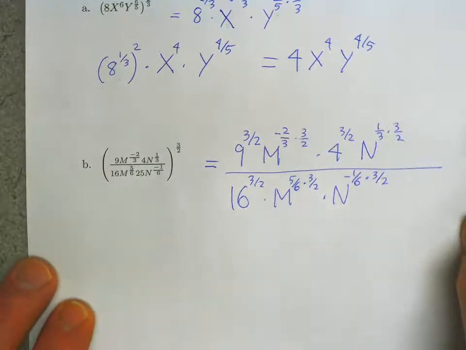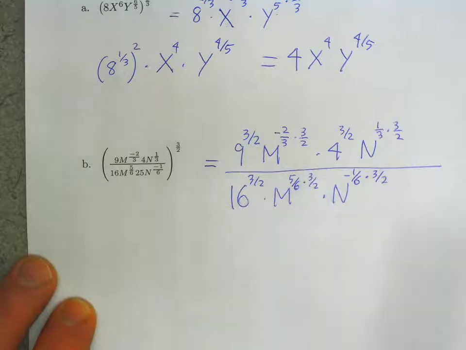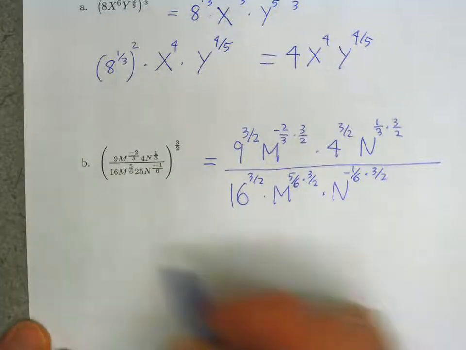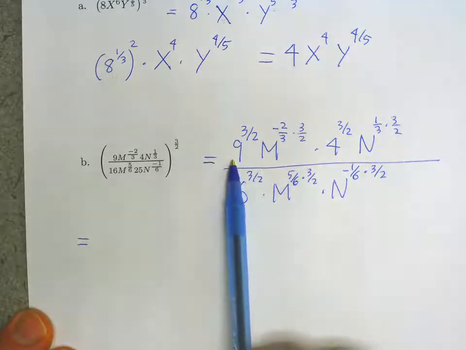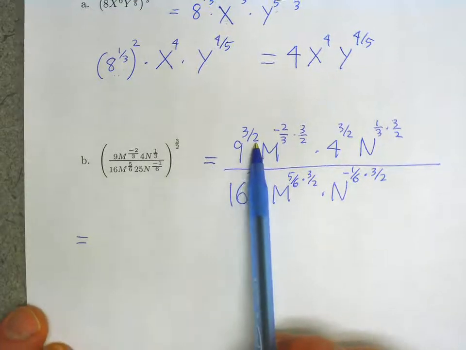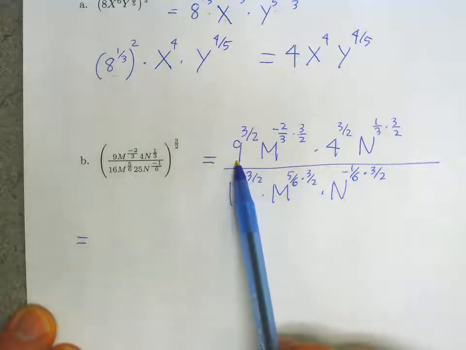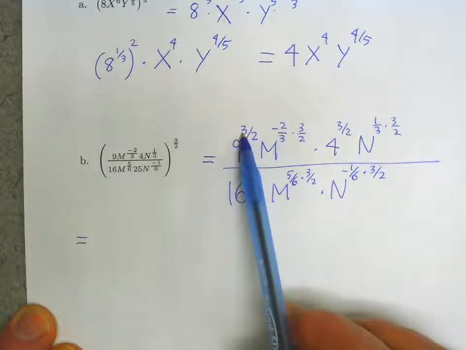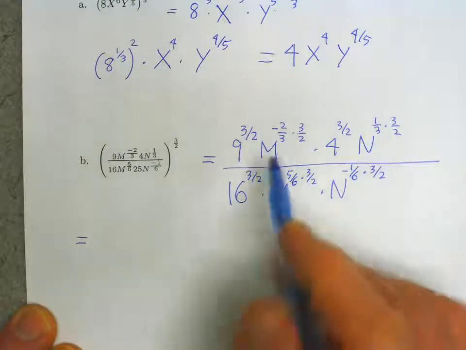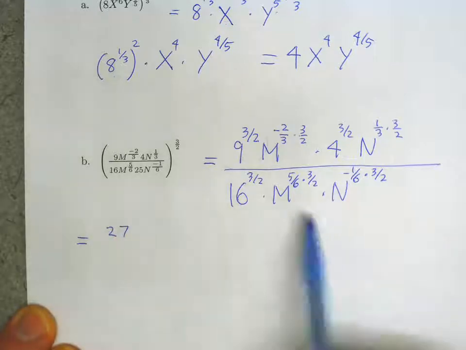And then we'll just evaluate all of those, simplify those. So think about 9 to the 3 halves. The denominator of the exponent is 2, so that involves a square root of 9. Square root of 9 is 3, and then we raise 3 to the exponent, the numerator of the exponent, 3 to the 3rd. So in other words, 9 to the 3 halves simplifies to 27.